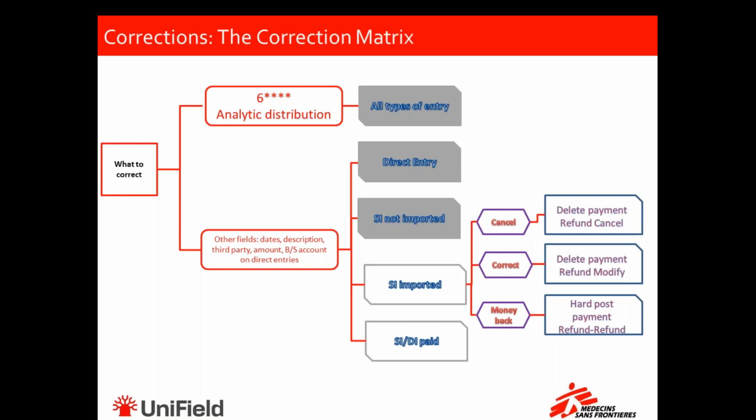The only way to handle a paid invoice, direct or supplier invoice, is to do a refund. So here previously there was a temp hard post entry and do refund. But for our case now, because it has been paid, the entry has been hard posted, so the action is to do either, here we have two branches, money has to be received, or you want to do an overcorrection, you have to do the refund first.